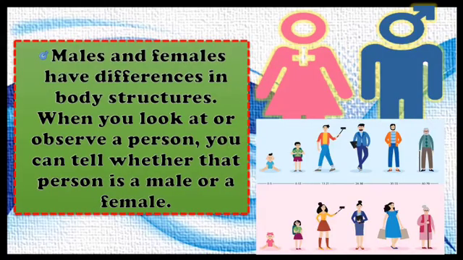So males and females have differences in body structures. When you look at or observe a person, you can tell whether that person is a male or a female. Makikita ninyo, madi-distinguish ninyo agad ang isang tao na siya ay male or female based sa kanilang mga physical features.